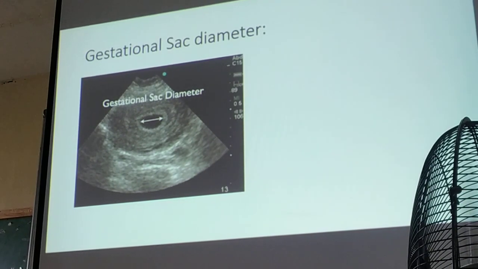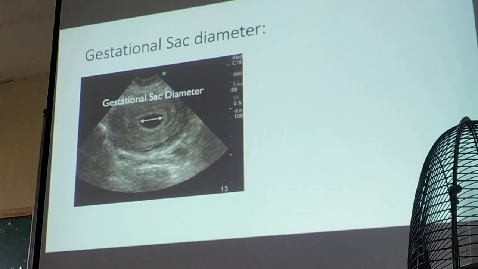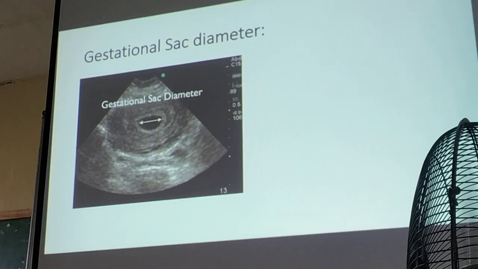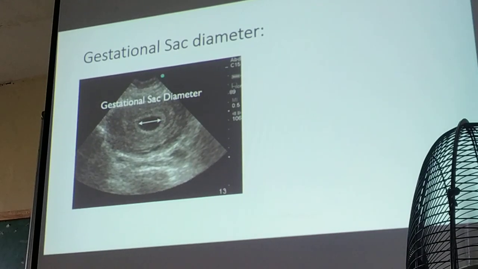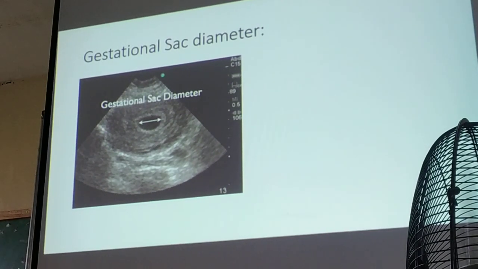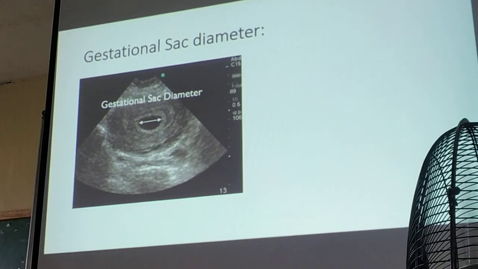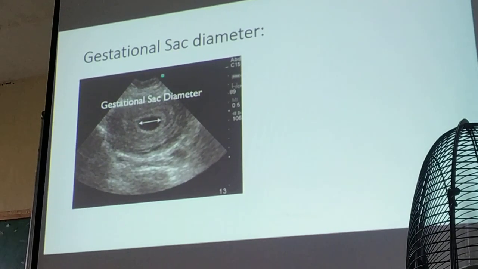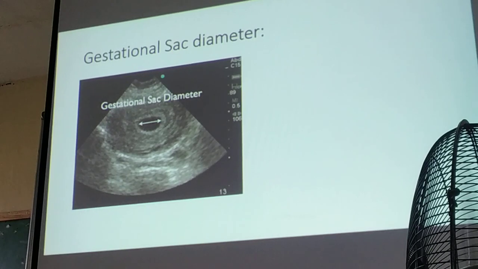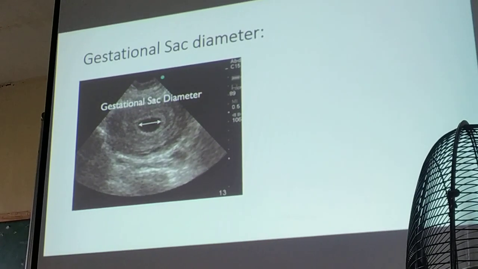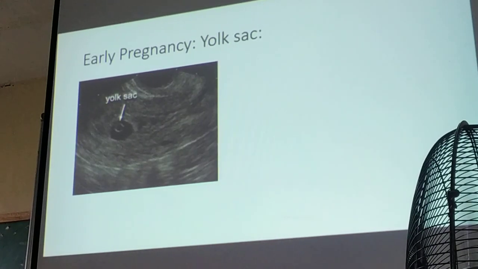So, if I'm going to ask you the earliest possible sign for intrauterine pregnancy seen in ultrasound, what would be your answer? Gestational sac. Okay? Please don't answer gestational sac diameter. The earliest sign would be the gestational sac. Okay? And then you have the yolk sac.